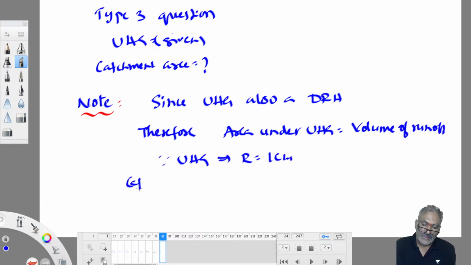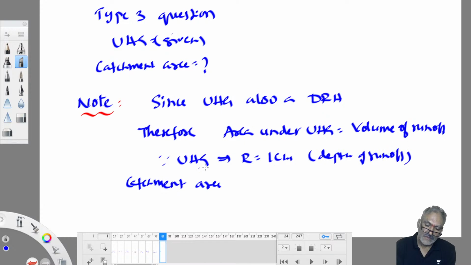Therefore, catchment area A is equal to volume of runoff divided by depth of runoff.